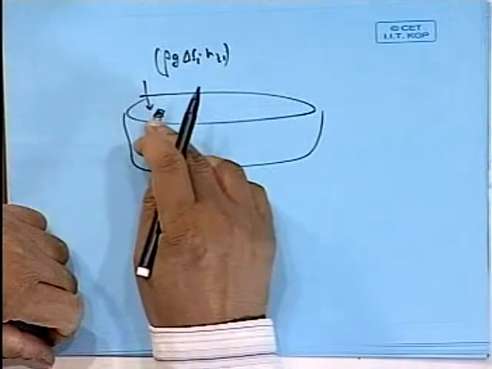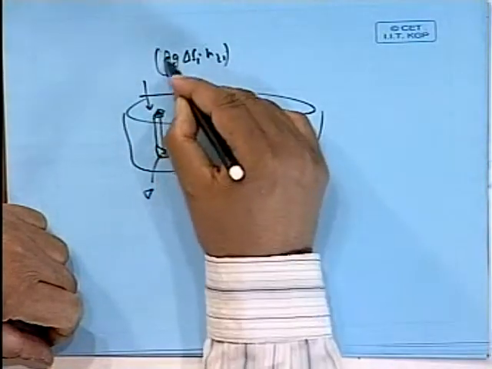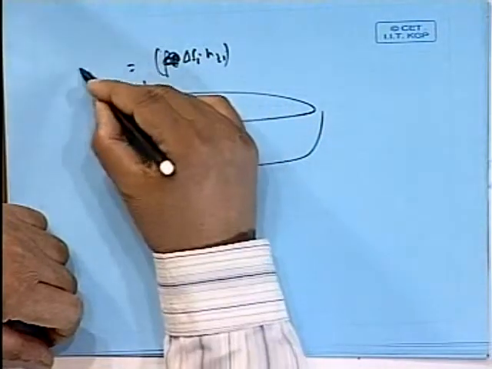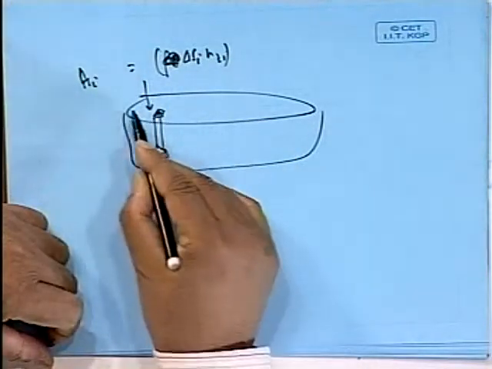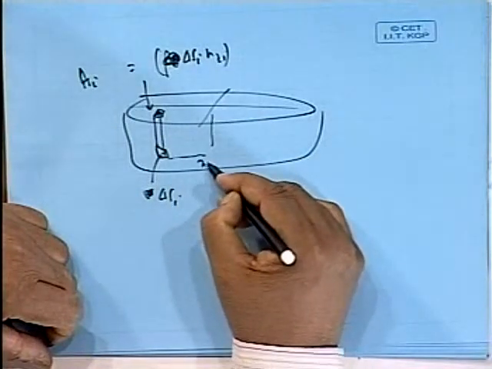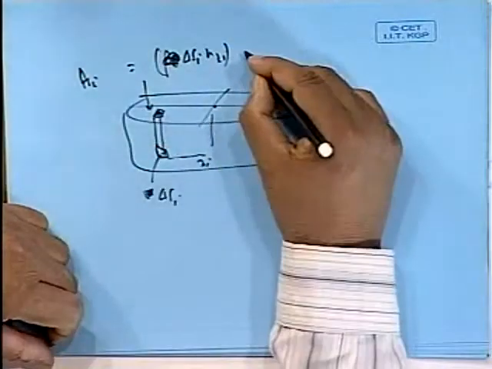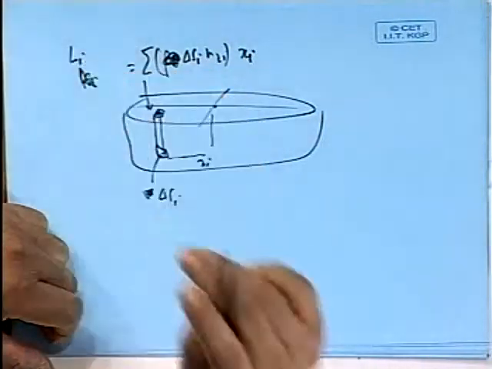This is delta Si, this is my A of this ith point. Now you see, I know the x coordinate of this point, that is xi. Now again, if I want to take LCF, I have to take the moment about xi, so I multiply by xi and do sigma. This will give me my longitudinal moment.